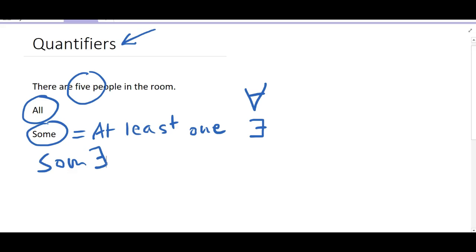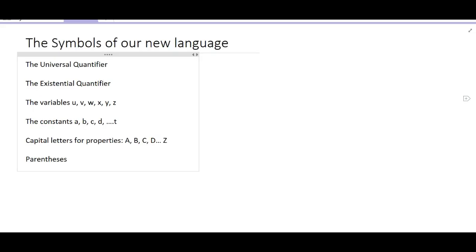Okay, so these are 2 important symbols, but this language that we're using in chapter 7 has more symbols that we need to talk about. So here they are. So we talked about the universal quantifier, the upside down A, the existential quantifier, the backwards E. Then there are variables.